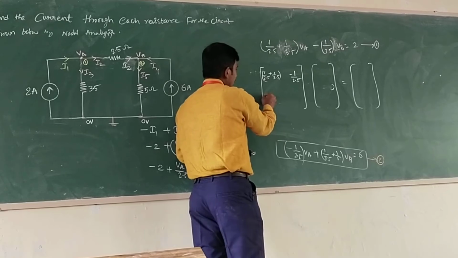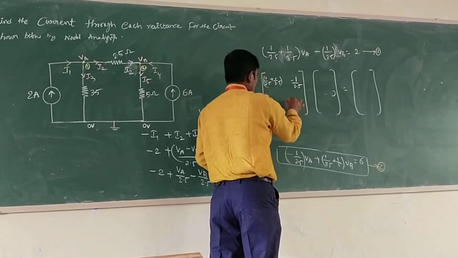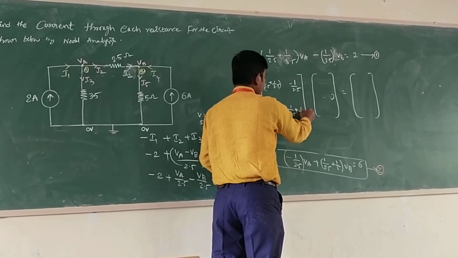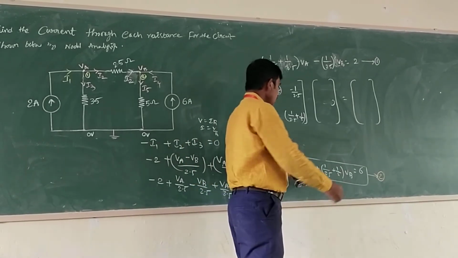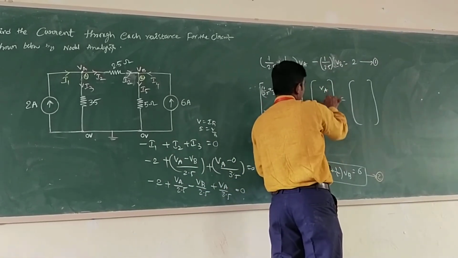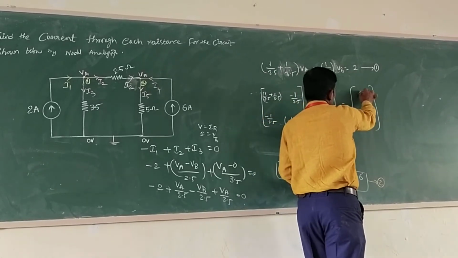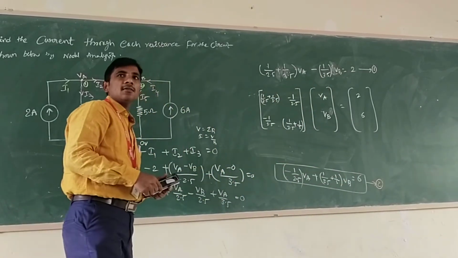In the second row, minus 1 by 2.5 and the VB coefficient is 1 by 2.5 plus 1 by 5. The constants are 2 and 6.